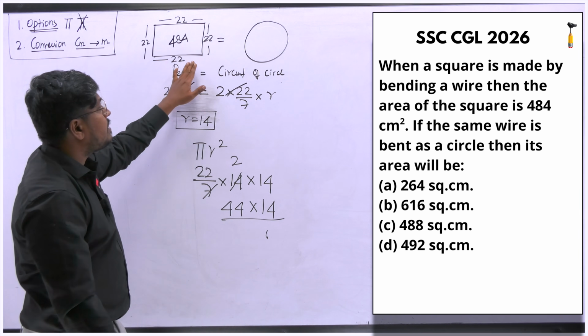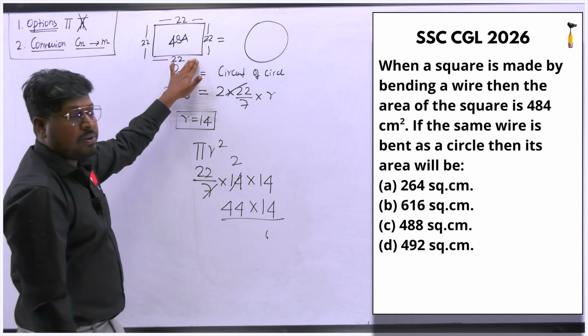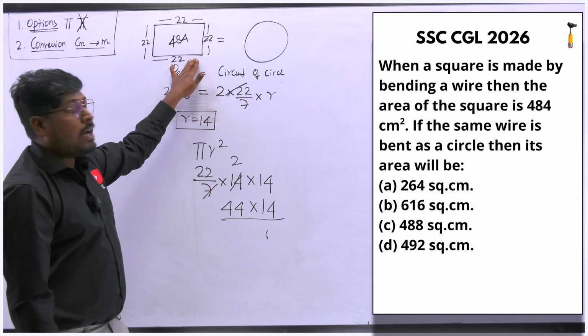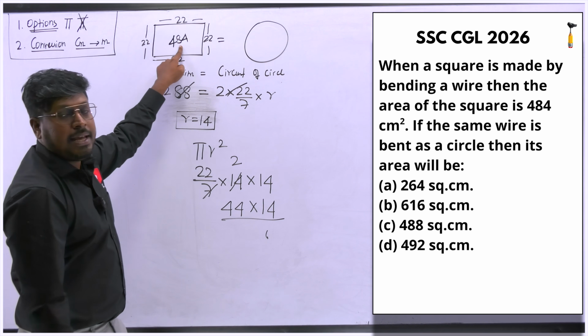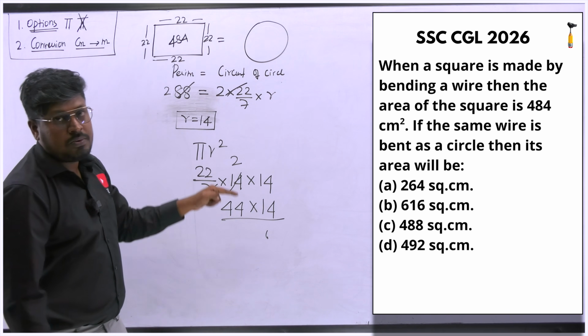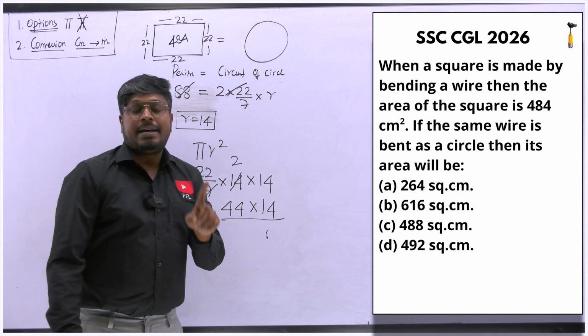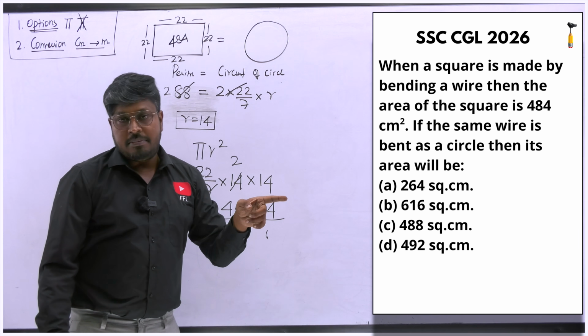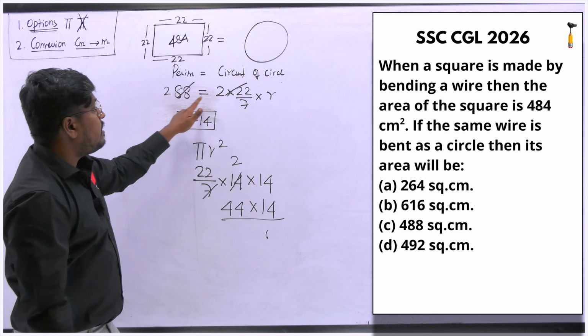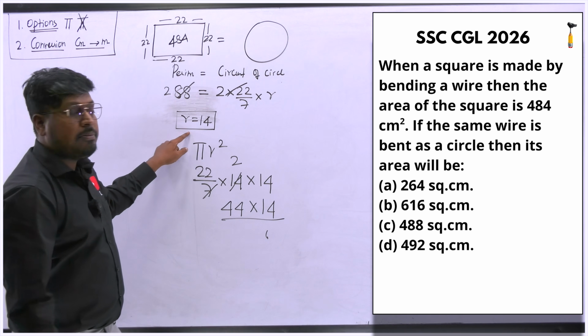That's it. So what I did is, initially I found the perimeter of the square. Before that, I needed to find the one side length. The area of the square is a squared and a will be 22. Using that, I found one side length, which is 22. Adding the 4 side lengths gives the perimeter, which is 88. So 88 is equal to 2 pi r and the radius will be 14.